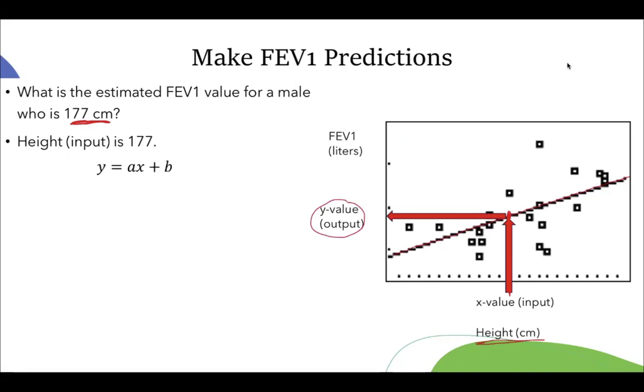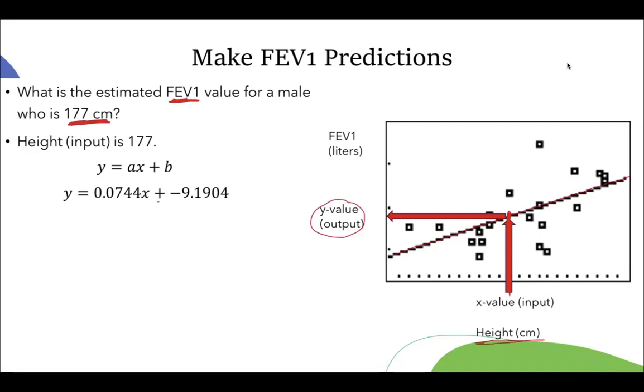So let's start with the standard equation of a line, y equals ax plus b, and then enter underneath that the actual equation of our line, 0.0744x plus a negative 9.1904. So for the equation of the line, we keep the x as the variable, but when we are solving for a particular value for FEV1, we are going to let x be replaced with 177.